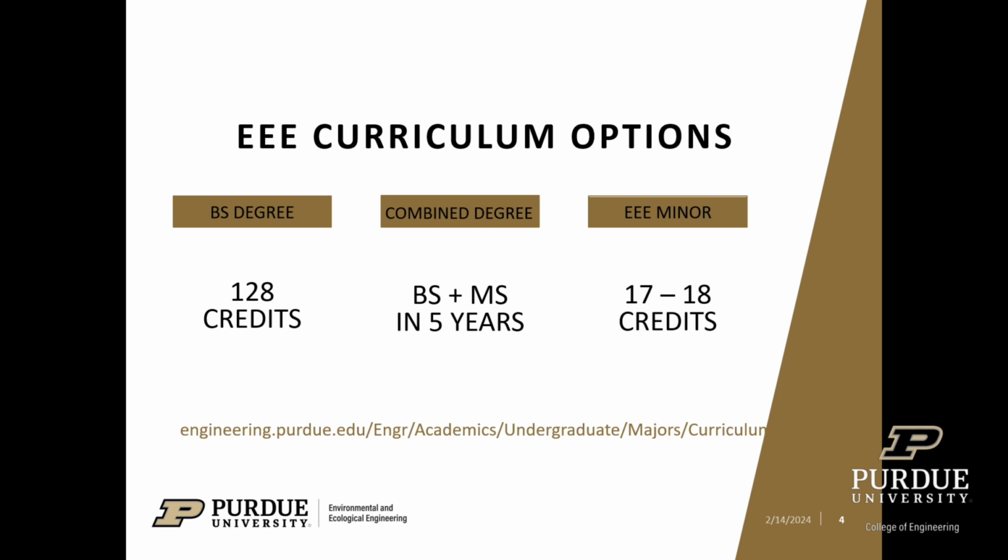If you're on the fence and you're thinking about a number of engineering disciplines for your BS, I really recommend that you go out to this URL that you see at the bottom of this slide. That is a curriculum map page. There are very similar curriculum maps for all of the disciplines showing the requirements.